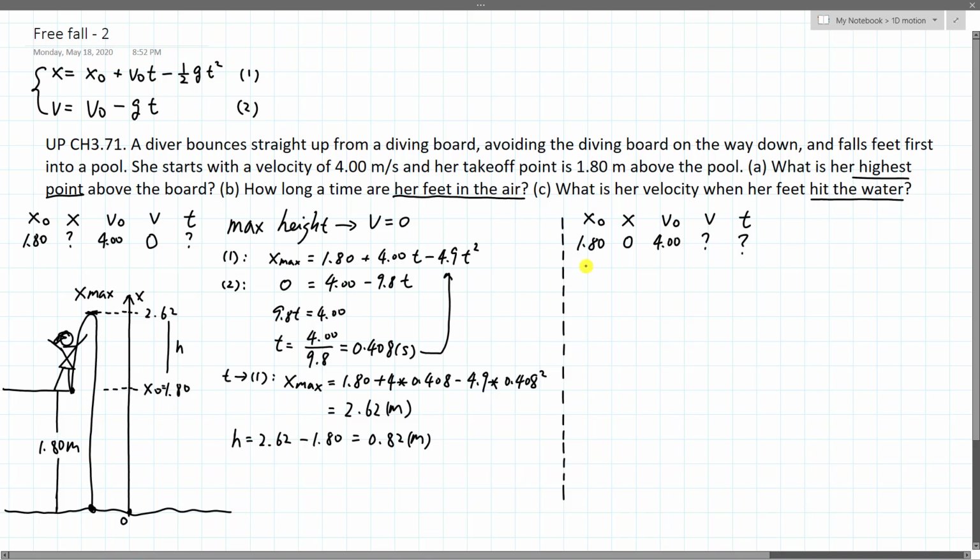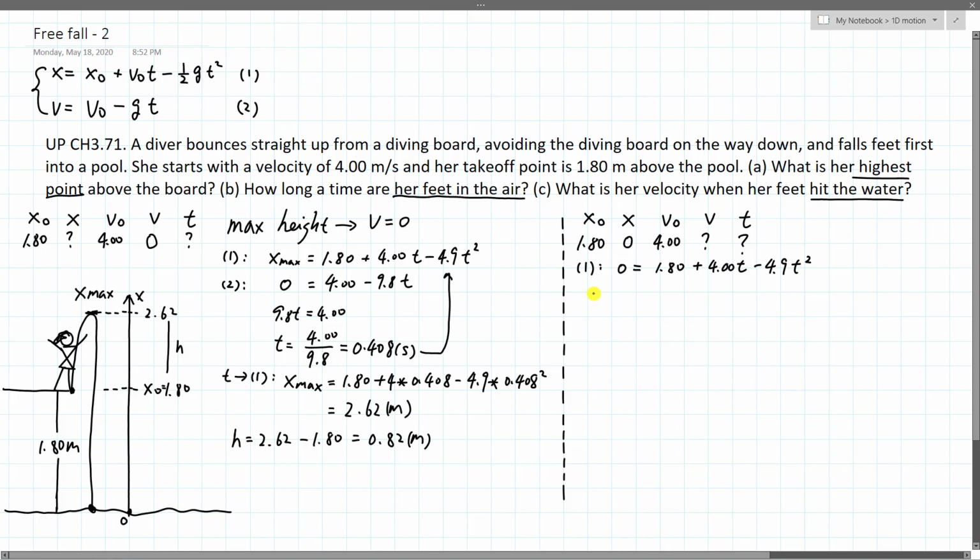So let's start with equation 1 again. Zero final position is 1.80 initial plus 4.00 times time minus the half g, right, 4.9 t squared. Okay, so now we are dealing with a quadratic equation, right? This is the a term, b, and that's the c.